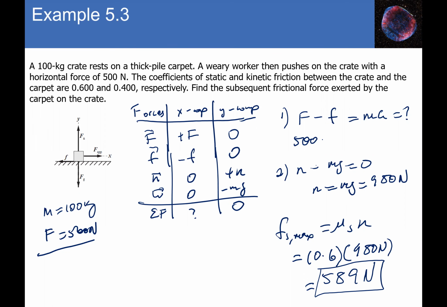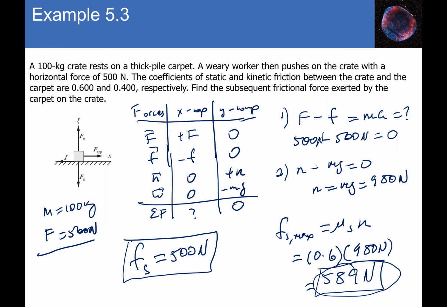If the applied force is 500, then friction can go as high as 589, so it has no problem pushing back with 500 newtons to keep the system at rest. That means my friction is static friction, and it's 500 newtons: pushed by 500 newtons to the right, and resisted by 500 newtons to the left.